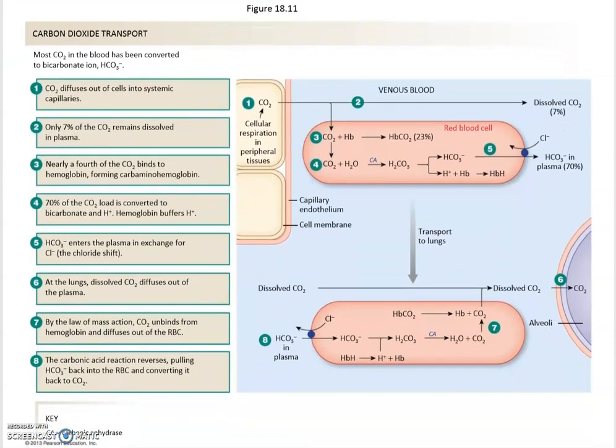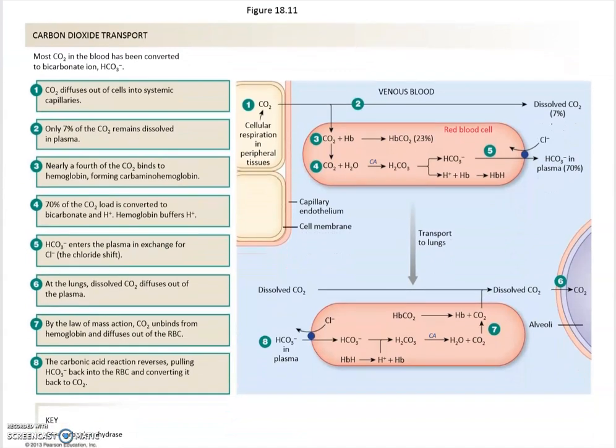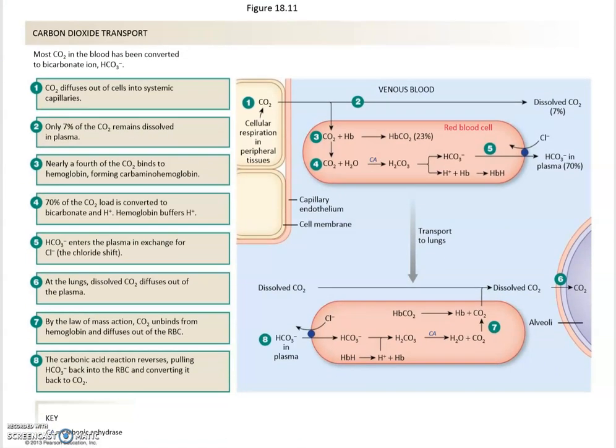Let's take a look at this. Here is your all-inclusive chart, and I like this very much. This is the carbon dioxide transport summary. As we said, 7% will be dissolved in plasma. That's kind of easy. Here's your cellular waste product, CO2, and it goes down its concentration gradient and dissolves in plasma. 7% will be dissolved in plasma, just a gas dissolved in a liquid.